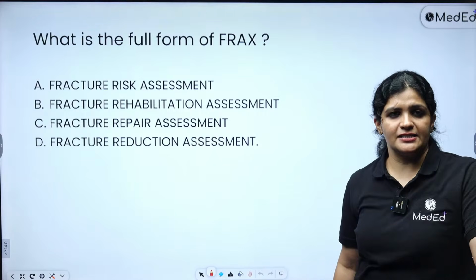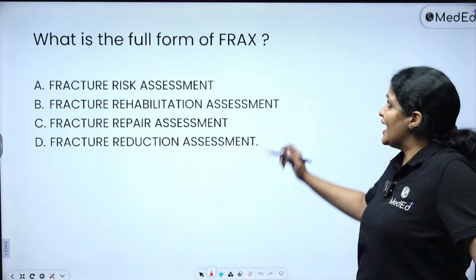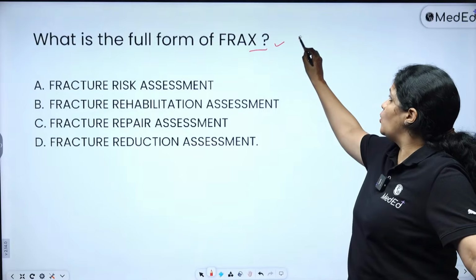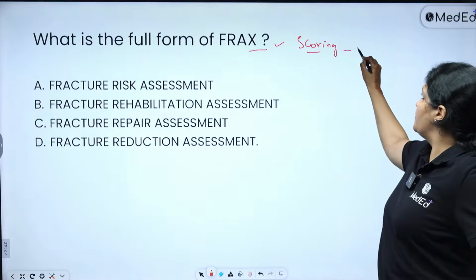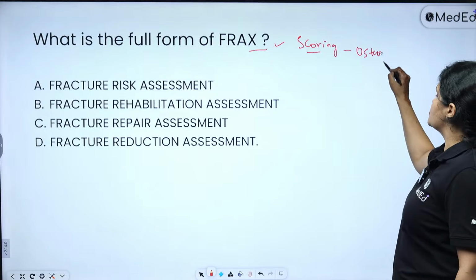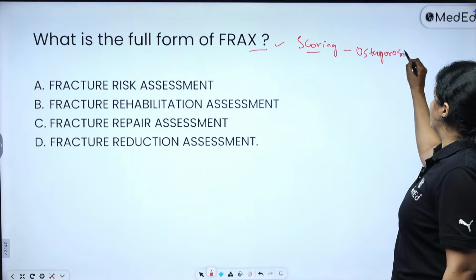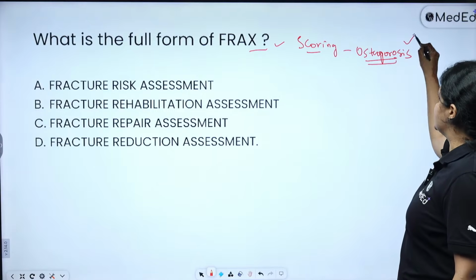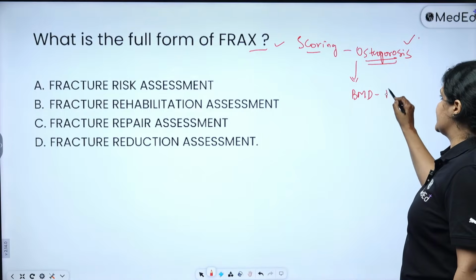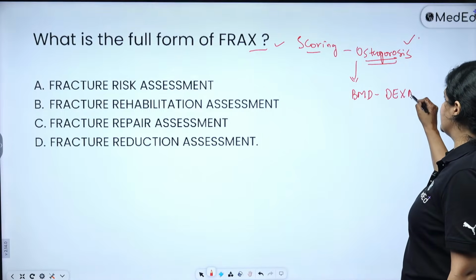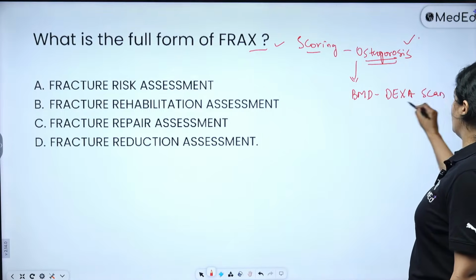FRAX is nothing but a scoring system. You already know that in osteoporosis there is a deficiency of bone mineral density, and we diagnose this based on the DEXA scan. We use the DEXA scan for diagnosing BMD.